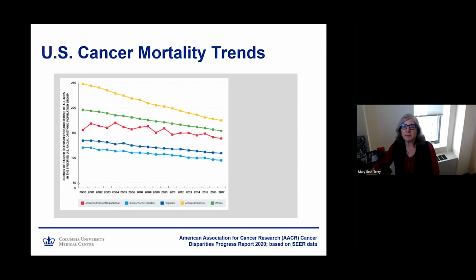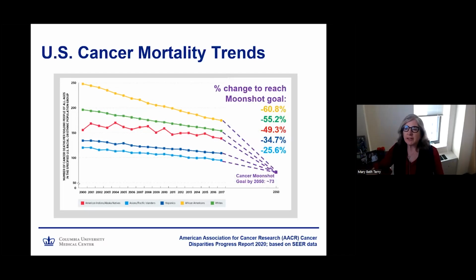Incidence in males over 70 is also coming down across all racial and ethnic groups. But it's critical to emphasize the major differences in the starting points. The implication of these different starting points is that the cancer moonshot, which calls for halving the cancer mortality rate in 25 years, translates into a much larger decline in some groups compared to others if we are to reach this goal for everyone.